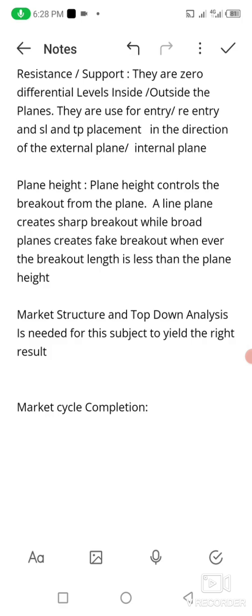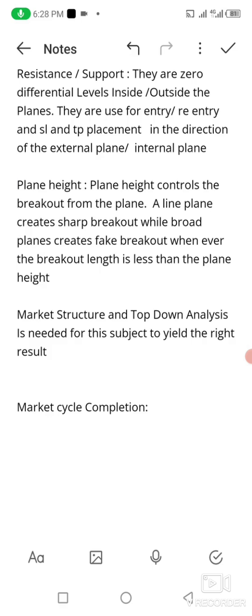Market structure defines sources and sinks in the chart, where the price originates and where it's going to end or destinate. And top-down analysis is how the market behaves at different time frames, from the highest time frame to the lowest time frame, including the structures.